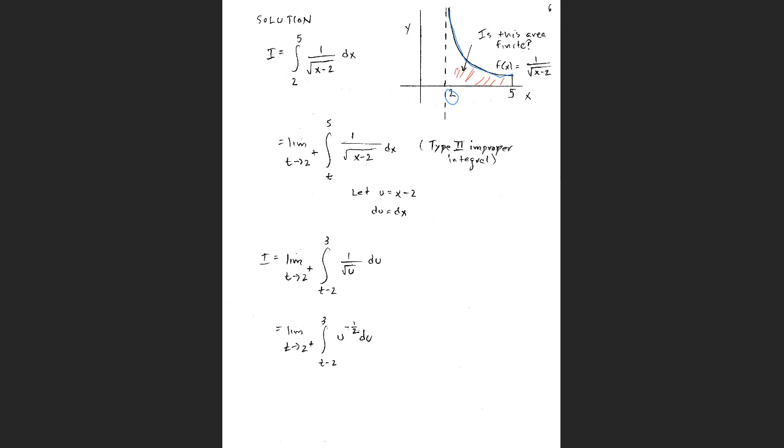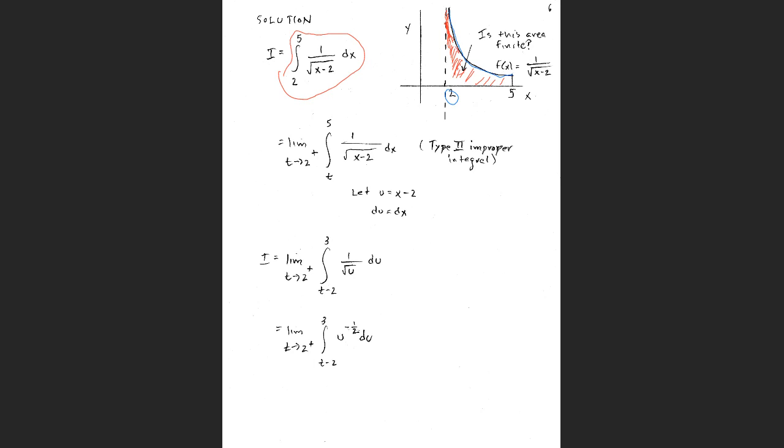Now our integral here, we are trying to find the area bounded between the function 1 over square root of x minus 2 and the x-axis. But because of the asymptote, you're getting an accumulation of area that goes on and on forever. The question is, what's the rate of the accumulation?